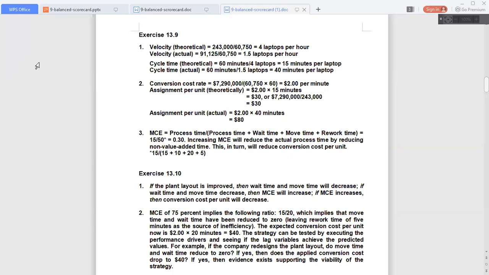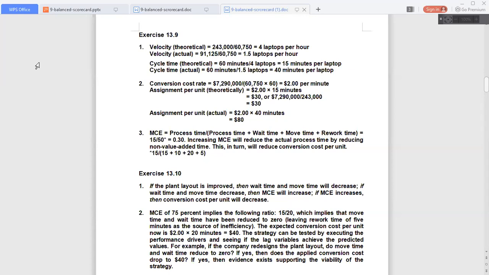Okay, $2 per minute. And the assignment per unit theoretically is $2 per minute times 15 minutes. So we now get 30, or 7,290,000 divided by 243,000.